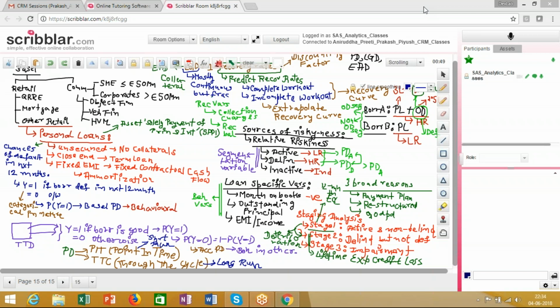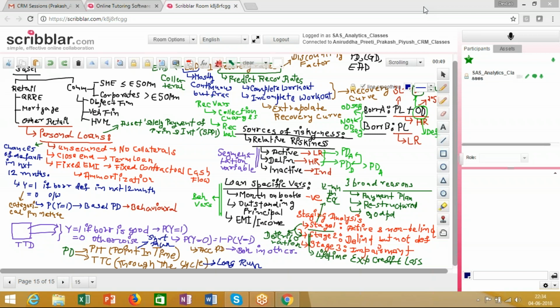So, for example, say the PDs that we get to see in the behavior scorecard, right? So you see that when macroeconomic scenarios change or when other variables change, then the point in time PD also changes, right?